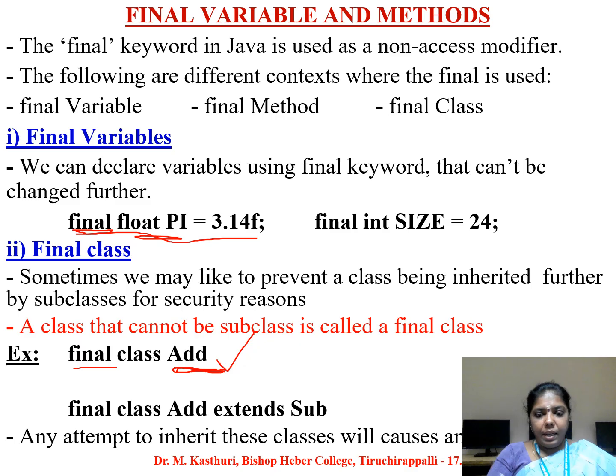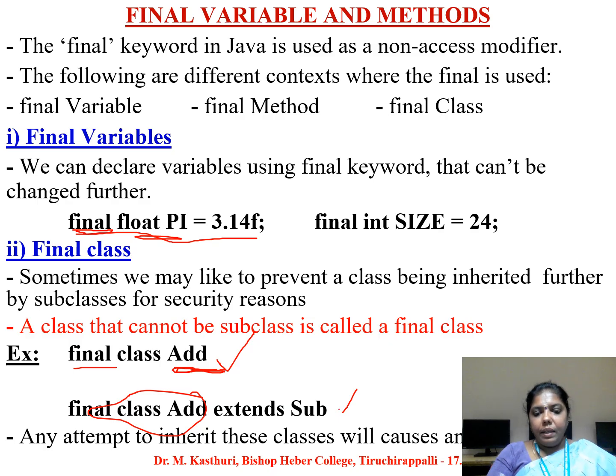For example, consider this particular line: final class add extends sub. In your program, if you try to specify this line, it invokes an error because this is a final class. That is why you cannot inherit this class with another class.